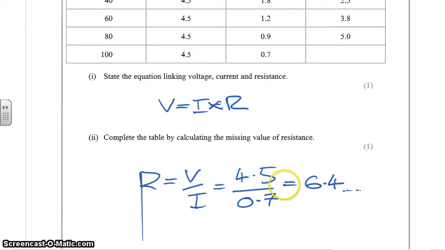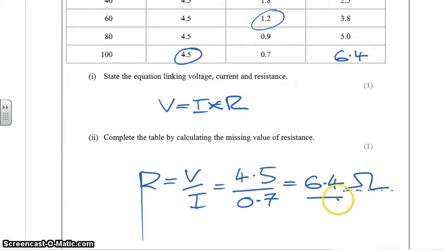Now when you did it on your calculator, you probably got lots more decimal places than this, but we're only quoting ours to 2 significant figures. Why? Because when we look up here, you can see that in the data table these variables are typically given to 2 significant figures, so it's sensible to quote our answer to just 2 significant figures, and obviously the units there are ohms.